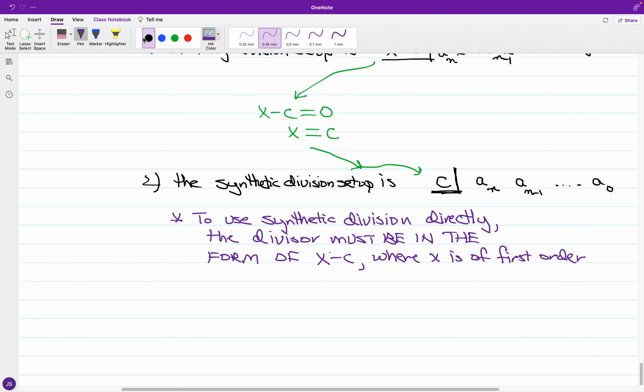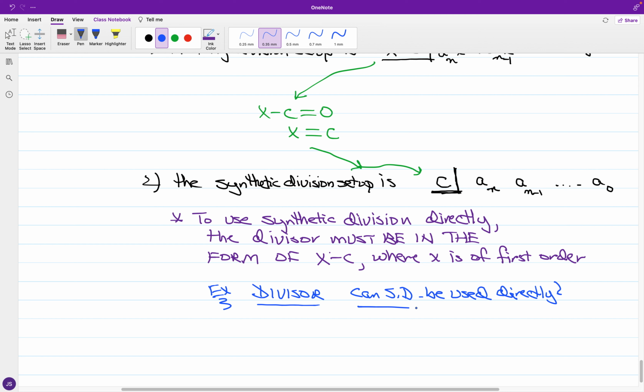Let me highlight some cases here. Let's say you have a divisor of x minus 3.